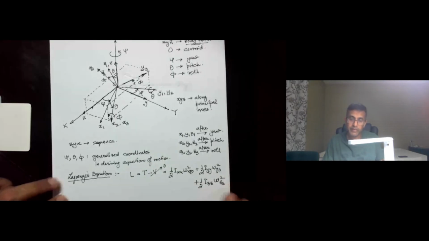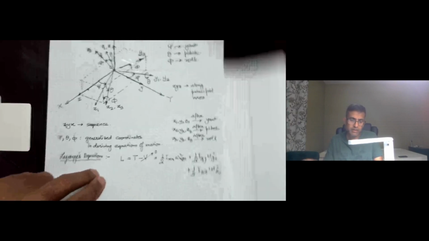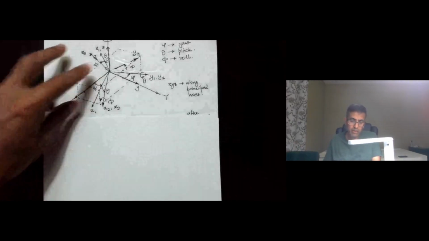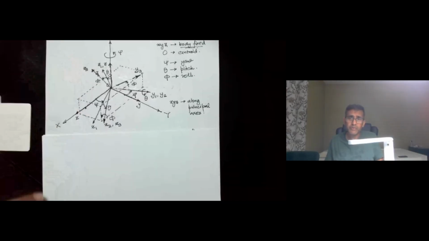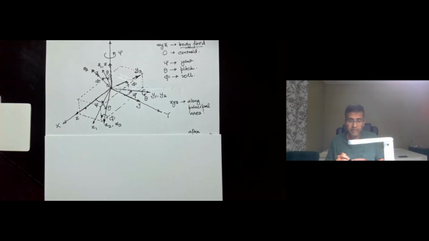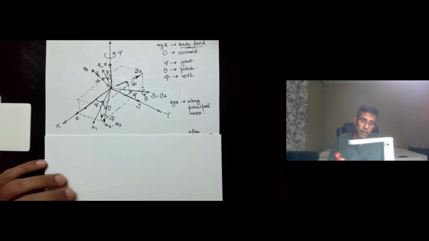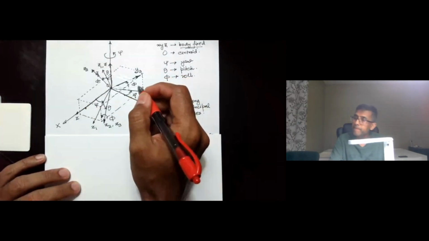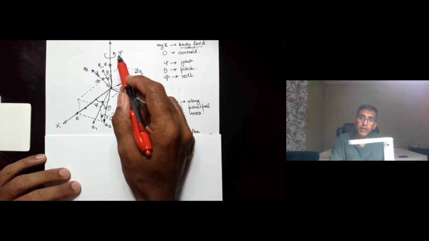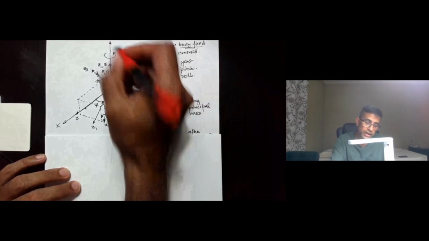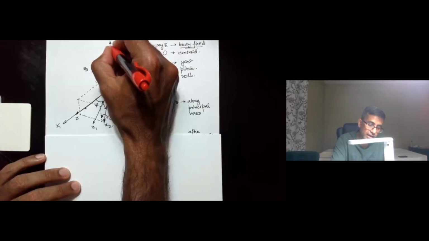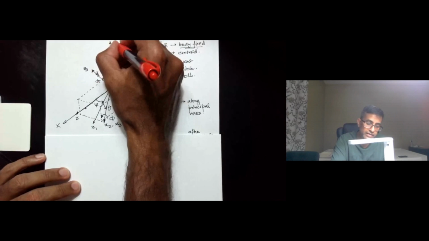And what we can do is, based on this orientation, we can try to derive the equivalent expressions for omega x3, omega y3, and omega z3 in terms of the rotations psi, theta, and phi. So let us say that the angular velocity due to psi is psi dot.